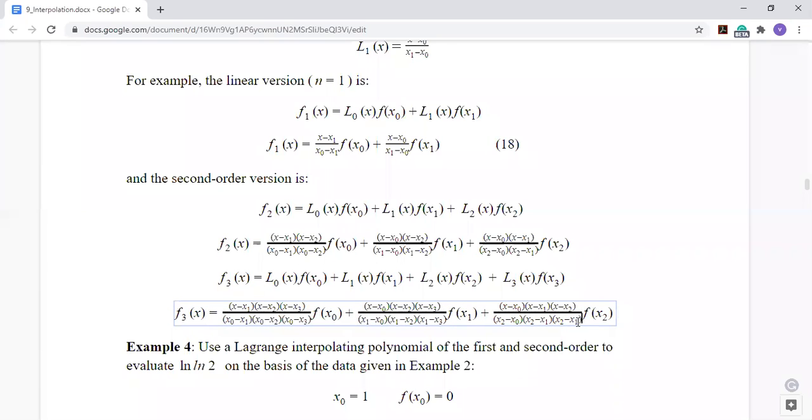So here it's supposed to be x3 because we are on x2. Then this is for the first term, second term, this is the third term.